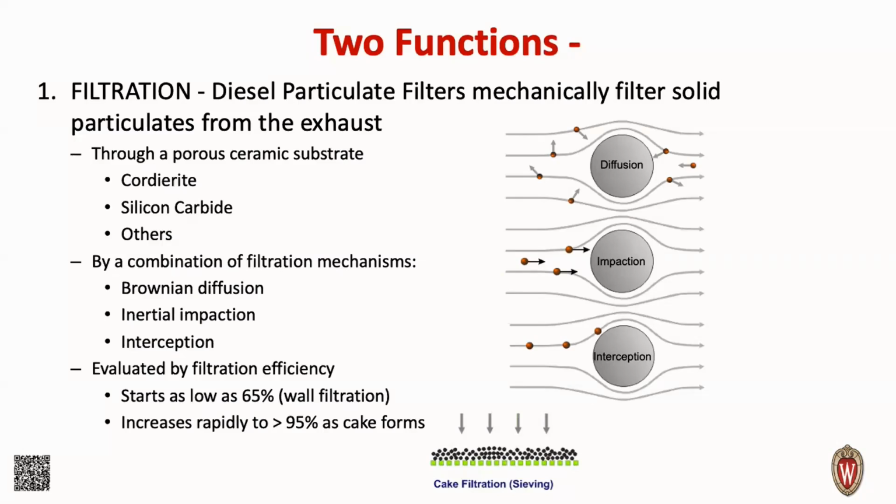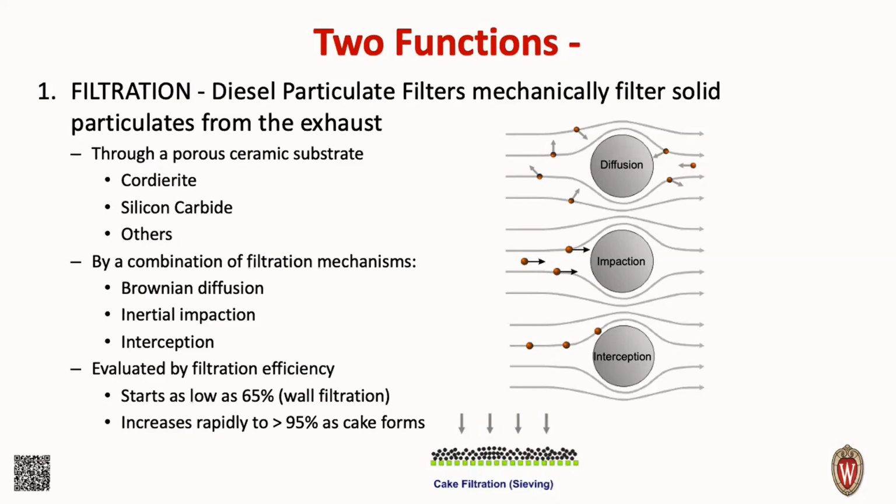But what really matters most is a brand new clean DPF may start as low as 65% filtration efficiency captured by the wall, but it very rapidly increases to better than 95% as a soot cake forms on top of the wall.